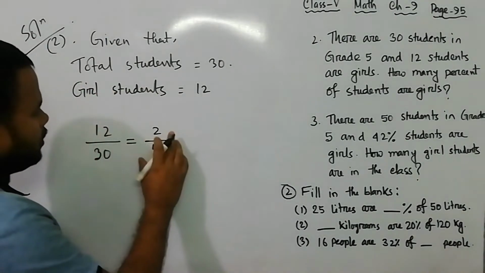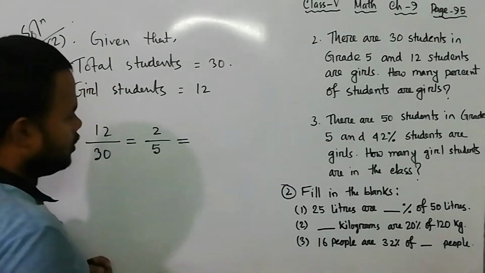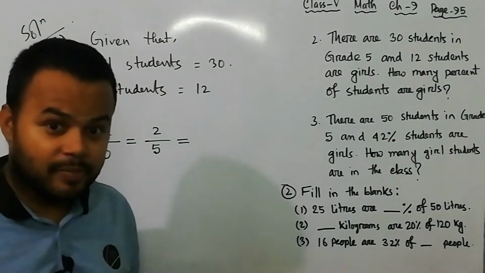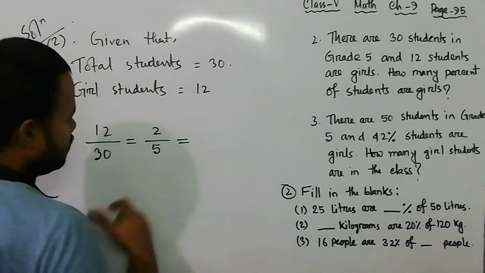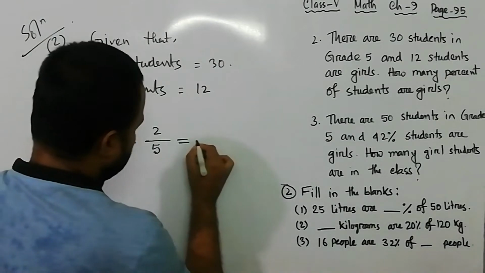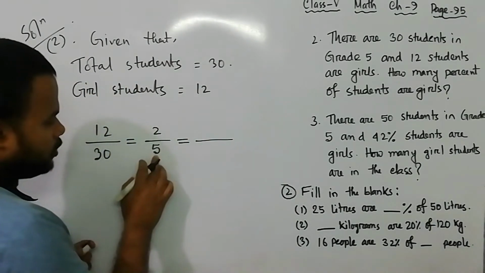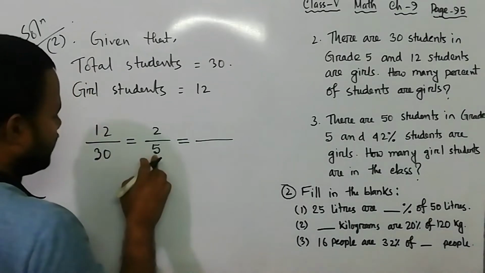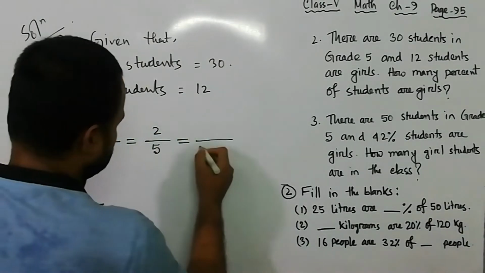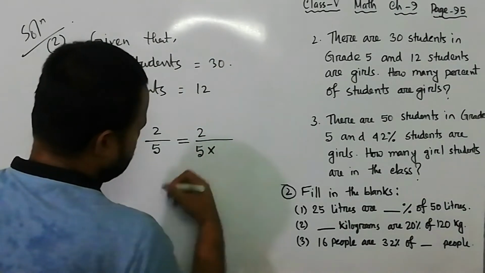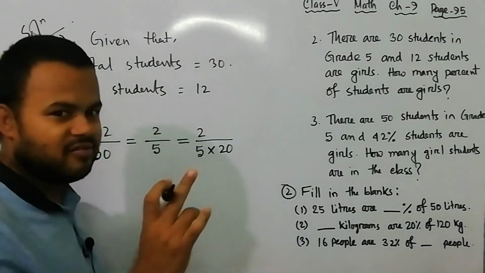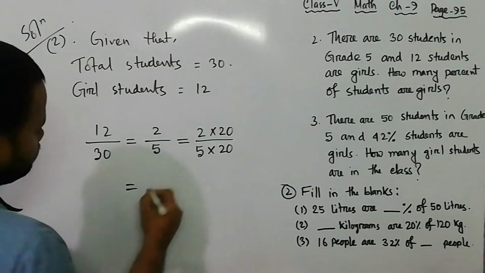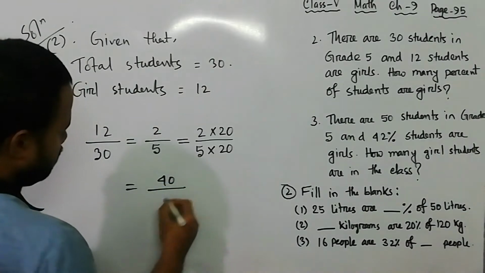Now to convert this fraction to out of 100, in the bottom we have 5, but we have to convert this 5 into 100. So we multiply this number by 20. We have 2 by 5, and if we multiply 5 by 20 we get 100, and we also multiply 2 by 20. Then we have 40 out of 100.